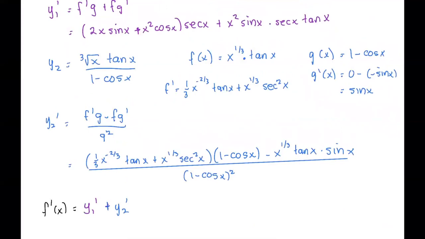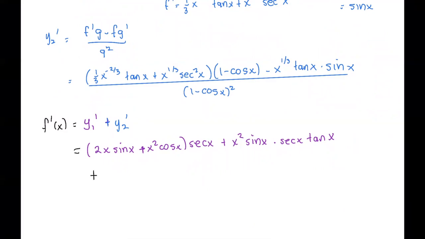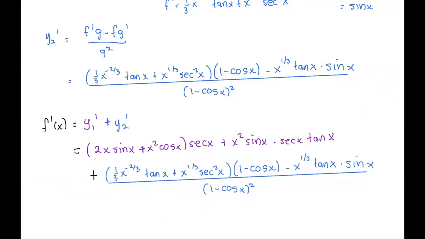I'm sorry that you can't do this on a quiz or on an assessment, but so here is the y1 prime plus the y2 prime. So this is what you do if you run out of room.